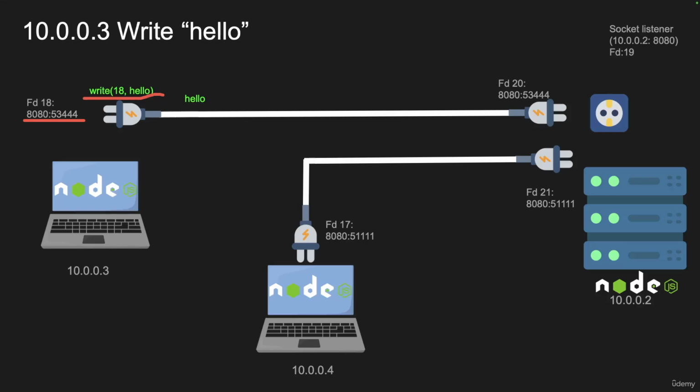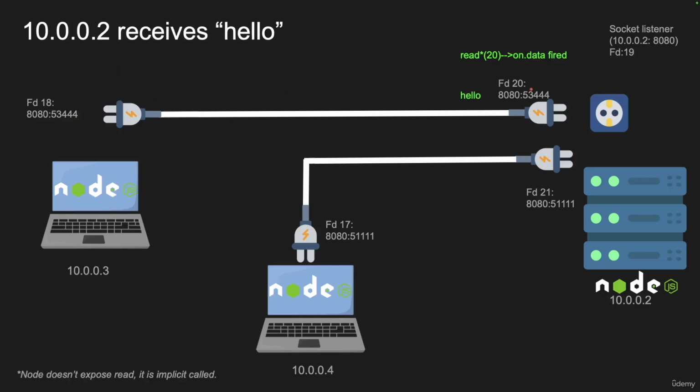Okay, we have 8080. We're writing hello. So what is happening here? I'm writing hello. I sent the hello, but this write is the system call write, right? There is a Node.js version of the socket dot write. So we send it over.